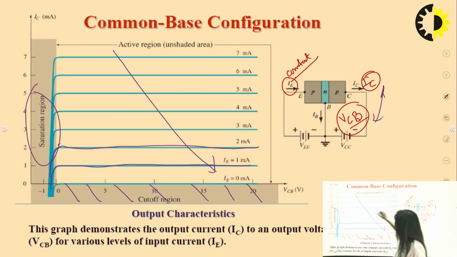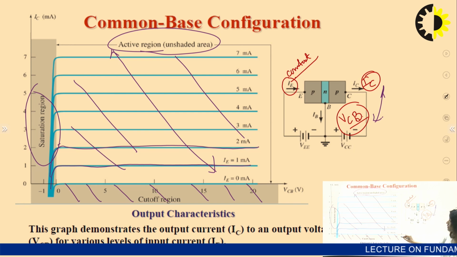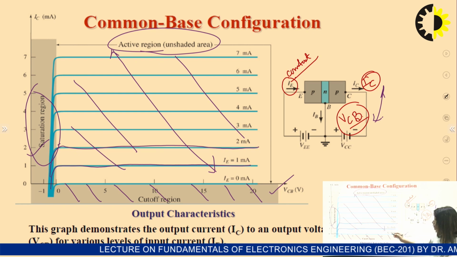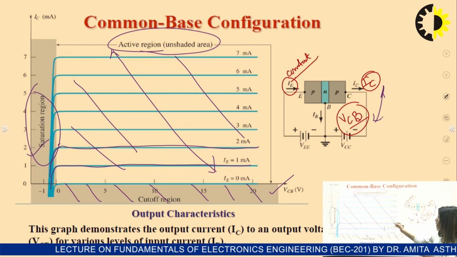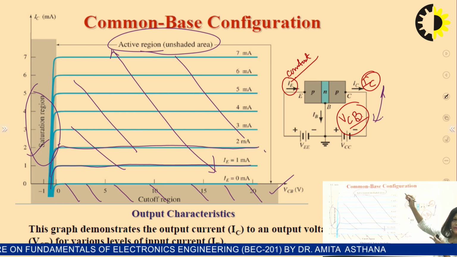This whole region is the active region of the transistor operation, and there is the cutoff region, and here is the saturation. So the graph demonstrates the output current against the output voltage for various levels of input current, right? You have to show it for I equal to 0 milliampere, 1 milliampere, 2 milliampere, 3 milliampere, 4 milliampere, and so on.